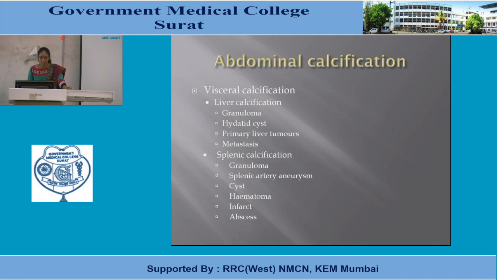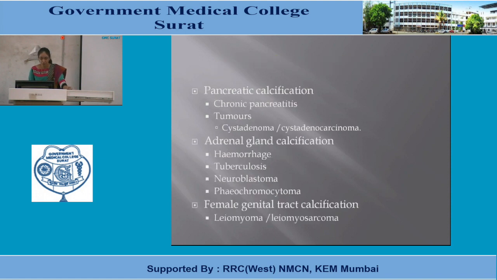Also simple cyst, and hematoma; an old hematoma can calcify. In sickle cell anemia, we find splenic infarct, which in the chronic stage may calcify. Sometimes splenic abscess may calcify. Splenic abscess may be present in case of HIV or immunocompromised patients.